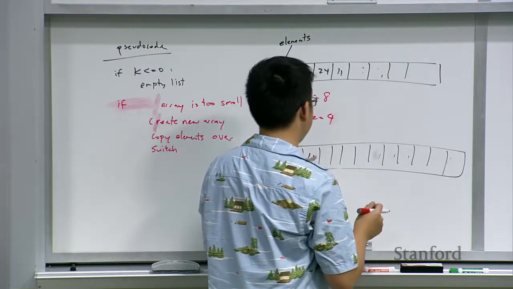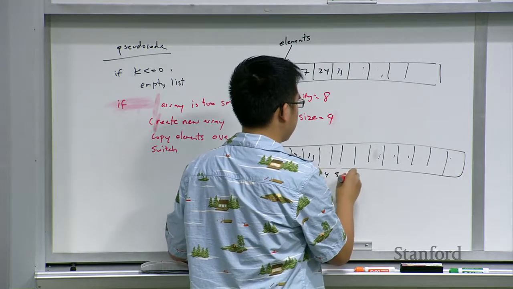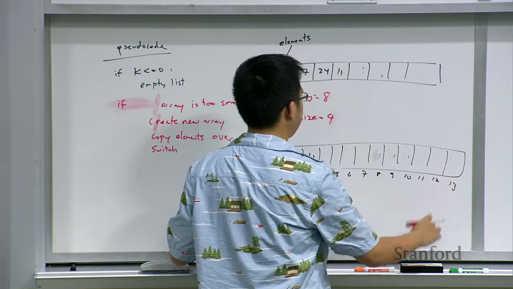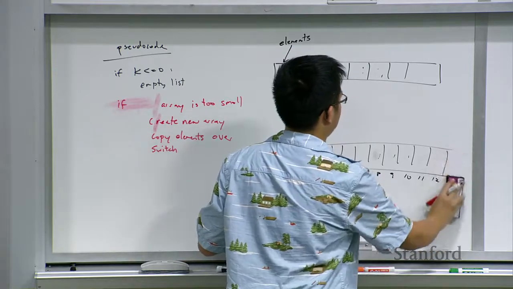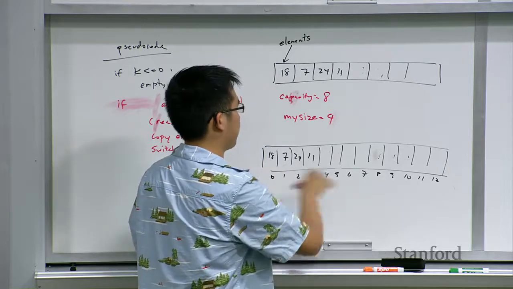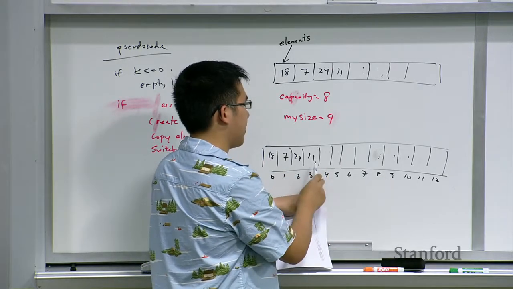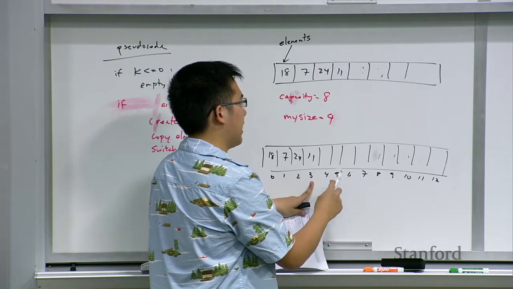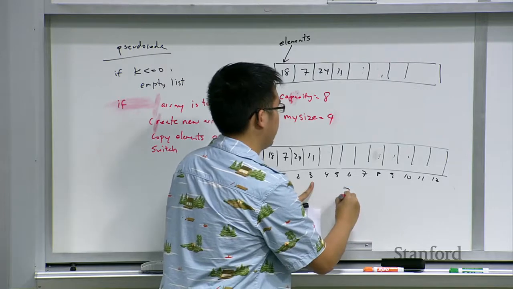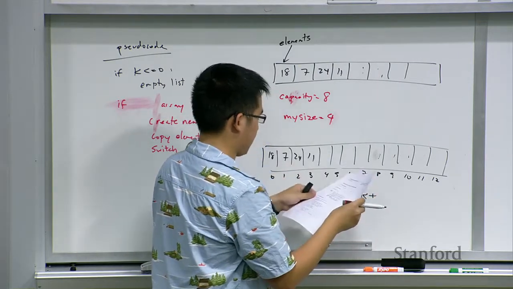So you do something like, let's see, 0, 1, 2, 3, 4, 5, 6, 7, 8, 9, 10, 11, 12, 13. After stretching to some size, we want to essentially just shift them all up. So the element at index 3 should go to 3 times k, and then plus either 0, 1, or 2.